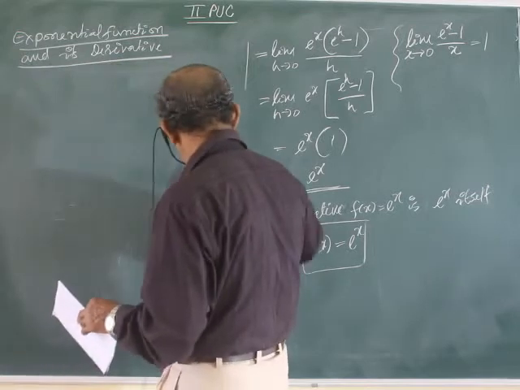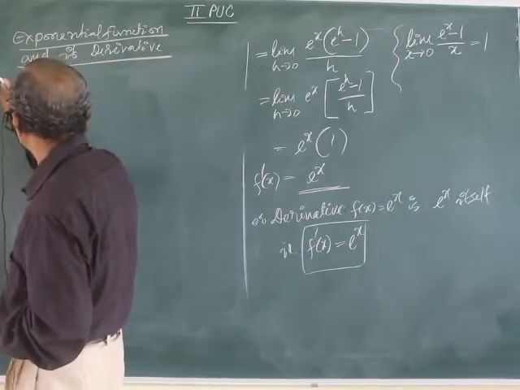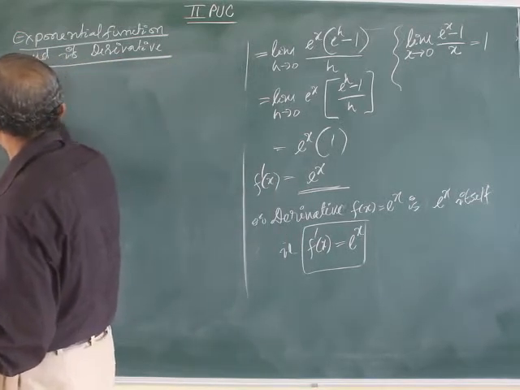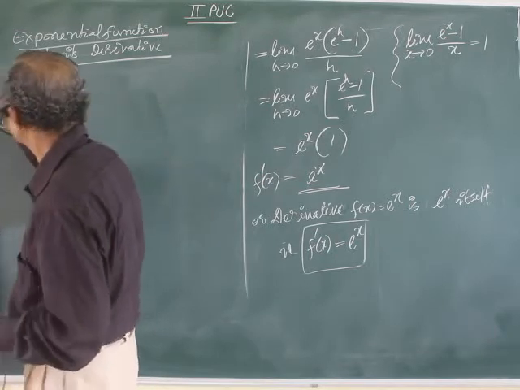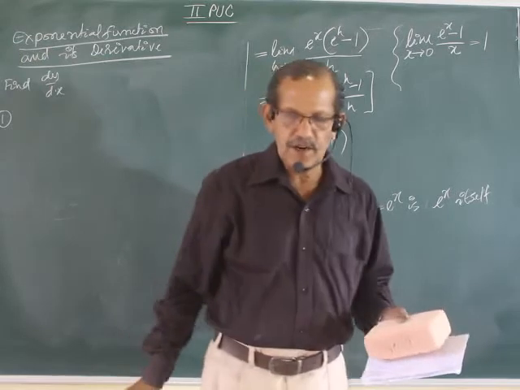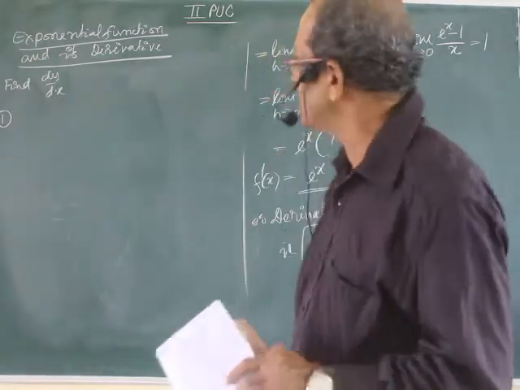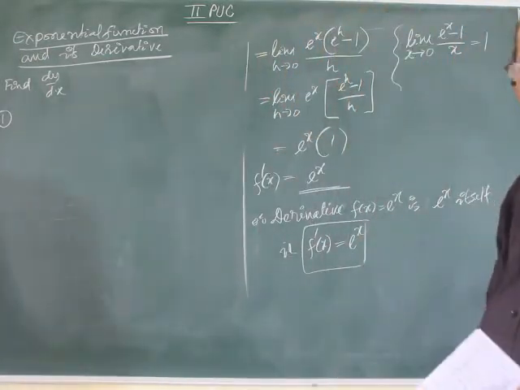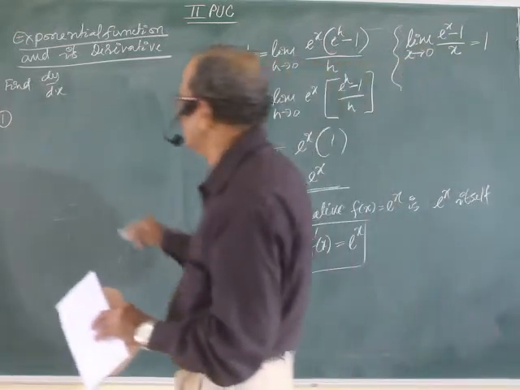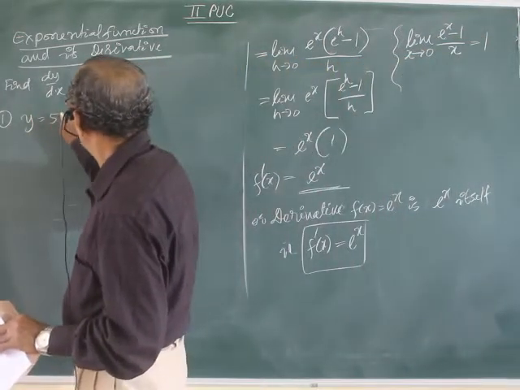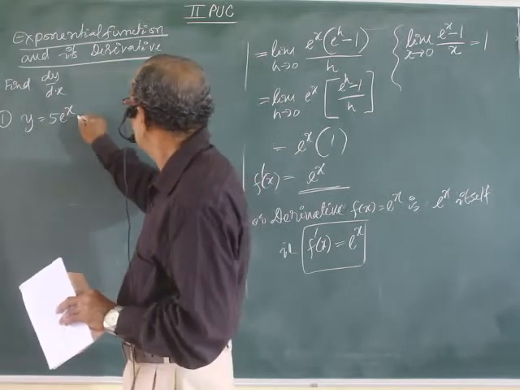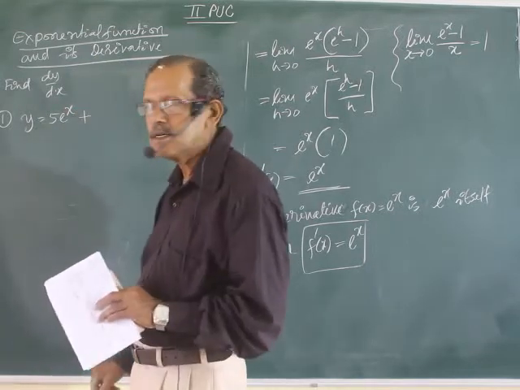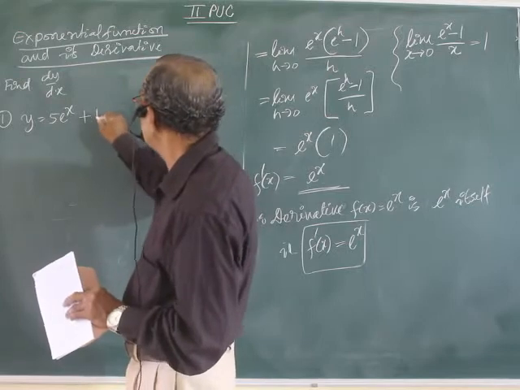Now, problems under this formula. It is actually the formula. Find dy by dx. After knowing derivative of e to the power x is e to the power x, find the derivative of certain functions. Y equal to 5 e to the power x plus 15x square minus 4 sin x.